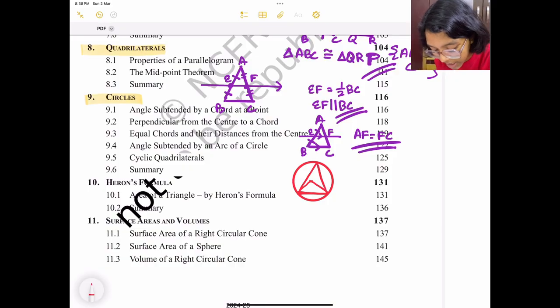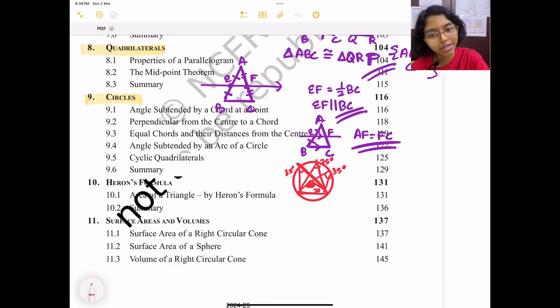For example, if this angle at the center is 70 degrees, here it will be 35 degrees, here also 35 degrees. No matter what you do, it will be 35 degrees. Always half. So this was the angle subtended theorem.